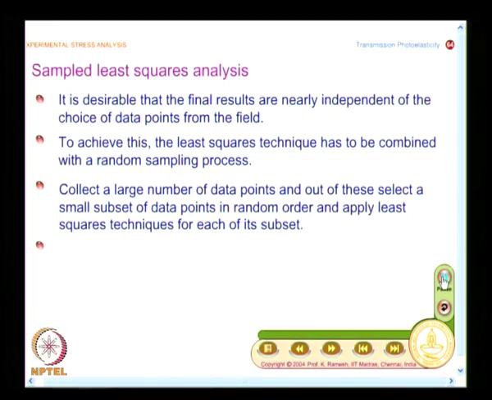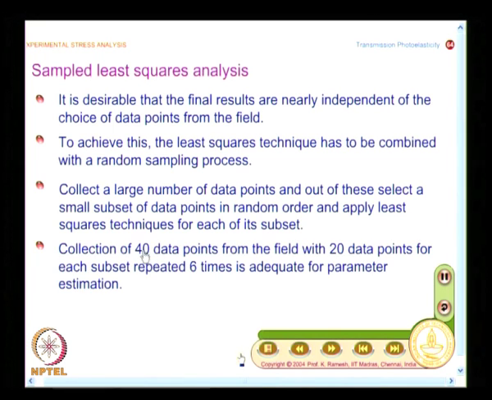And there are also recommendation how to statistically condition. So, what they recommend is collection of 40 data points from the field with 20 data points for each subset, which is repeated 6 times, is adequate for parameter estimation. Because in this case we know only 4 unknowns have to be determined.